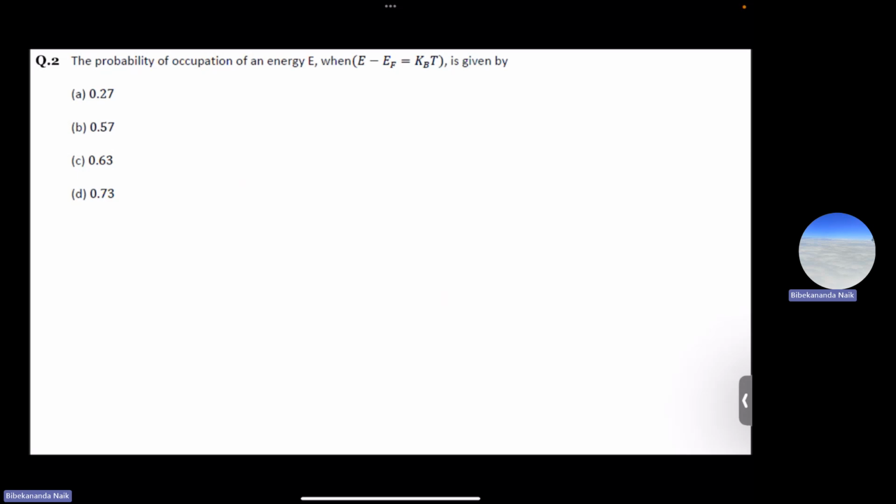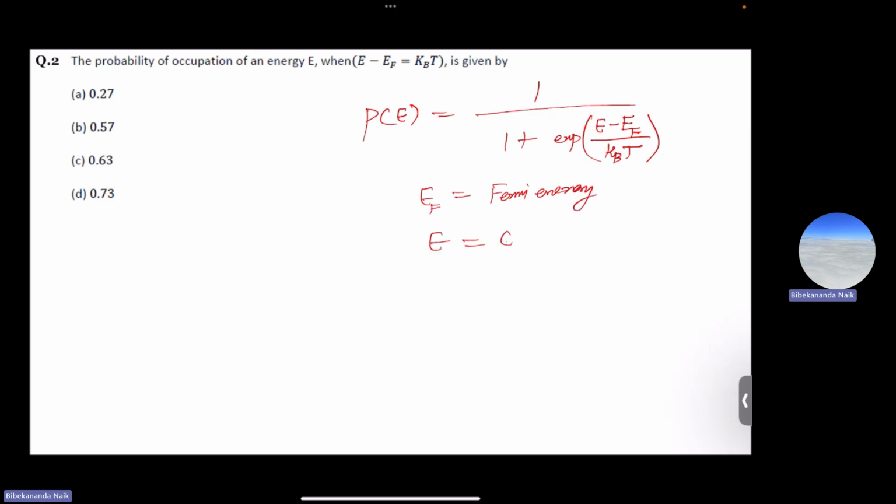So we have a formula called probability of occupation, that is P of E, given by 1 by 1 plus exponential of E minus EF by kBT, where EF is the Fermi energy, E is the energy of a particular state or energy of a particular level in which we are calculating the probability.